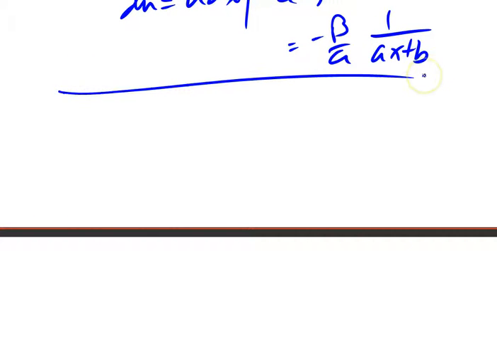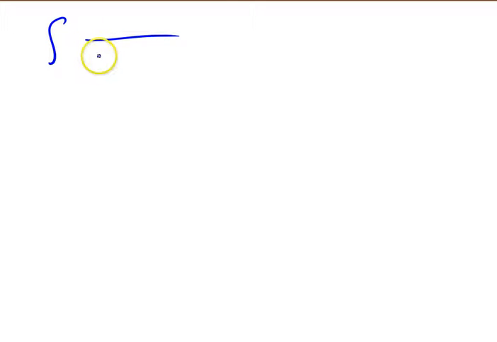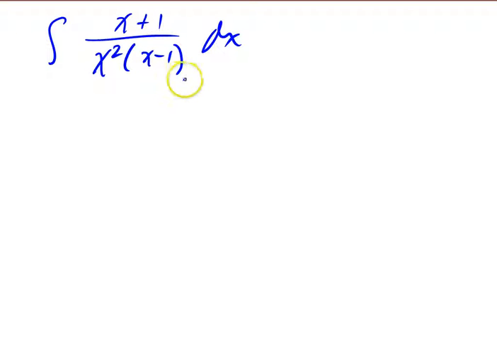So let's actually move down here to the page break, and let's do the integral of something like, I'm going to mix it up a little bit and say x plus 1 on the top, over x squared times x minus 1, dx. Okay, so this one actually has got a combination of things.